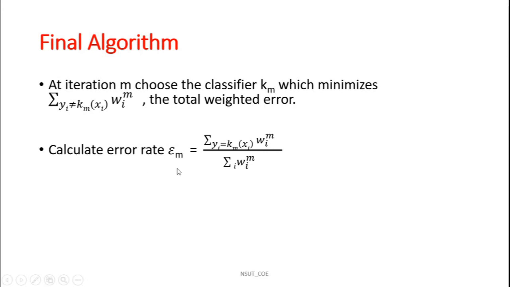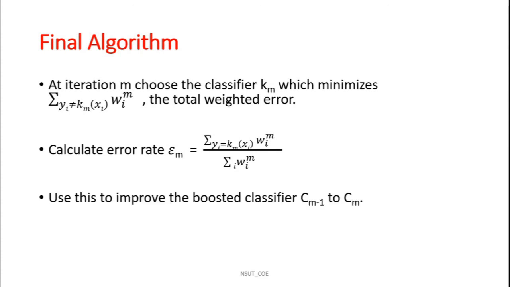Using this epsilon m, we calculate the value of alpha m. Using this alpha m and km, we improve the boosted classifier Cm-1 to Cm. Cm xi is given by Cm-1 xi plus alpha m km xi.